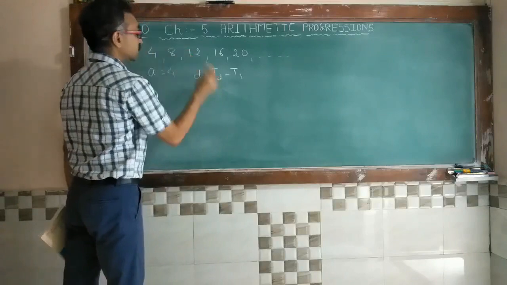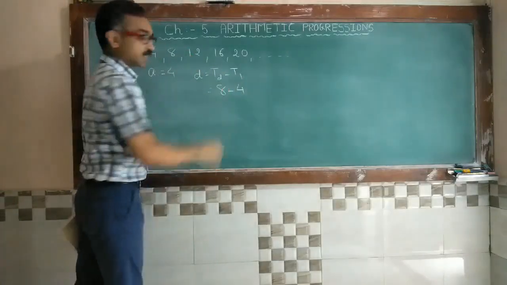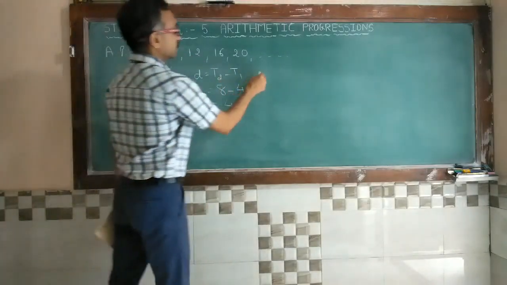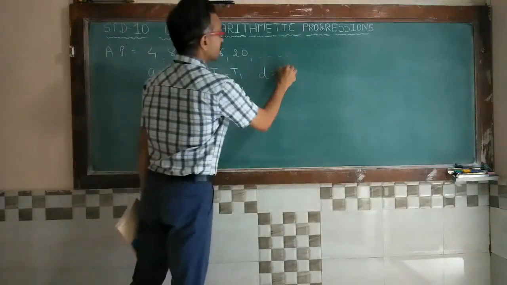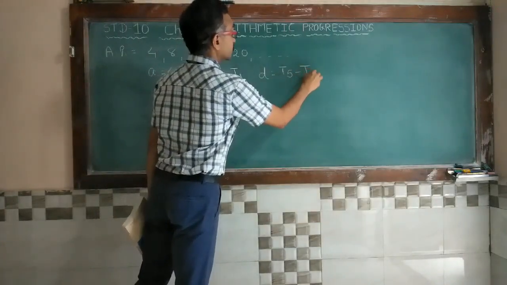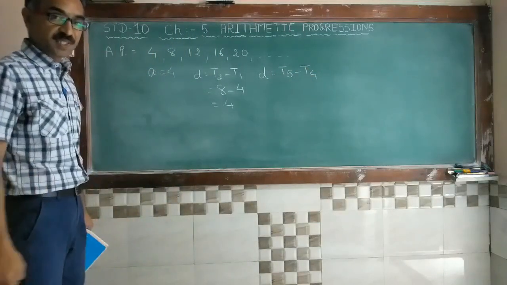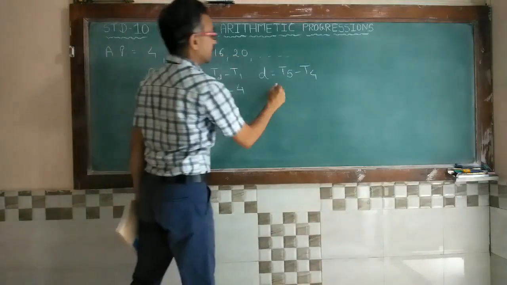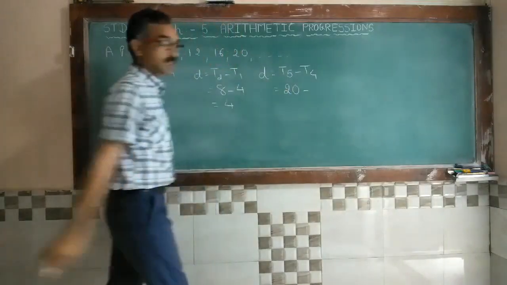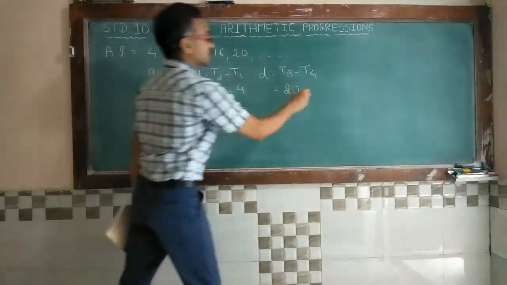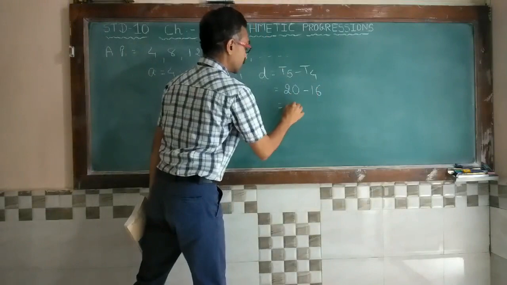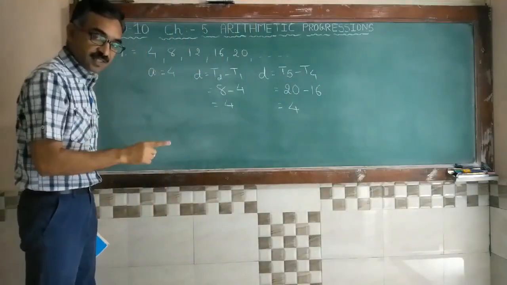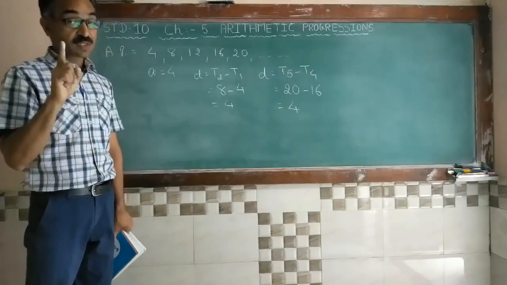T2 is 8, T1 is 4, that is 4. Again, suppose D is equal to T5 minus T4. Which one is your fifth term? 1, 2, 3, 4, 5. That is your fifth term, 20. 20 minus T4 which is 16. Again, D is 4. So here the common difference D is a positive number, which is 4.